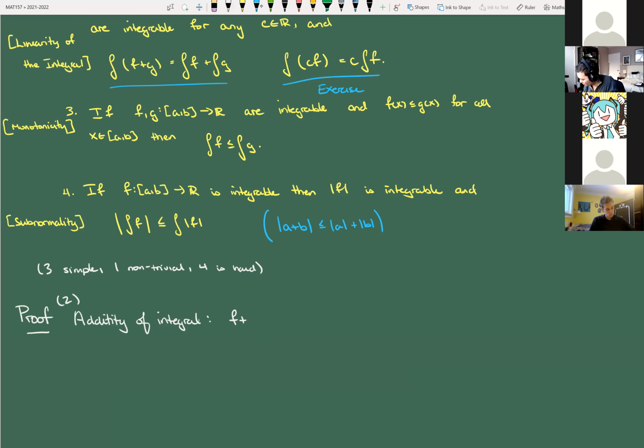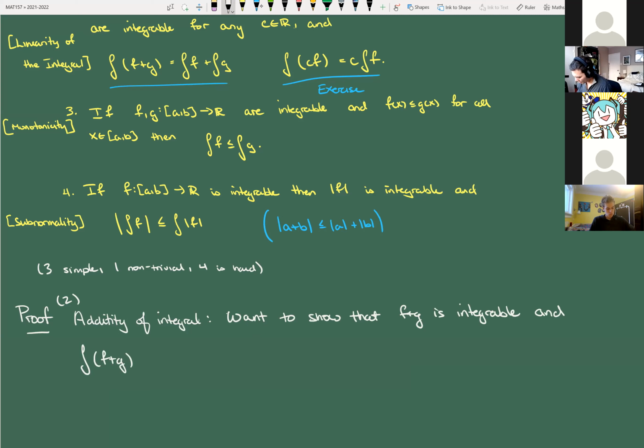So we want to show that f plus g is integrable. And the integral of f plus g is the integral of f plus the integral of g.